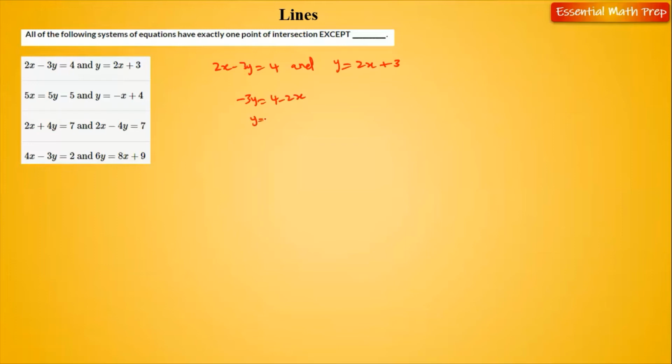So y equals negative 4/3 plus 2/3 x, right? So clearly 2/3 and 2 are not the same, right? If the values are not the same, then that is not the correct answer, right? They have to be identical for it to have more than one point of intersection, which is precisely what the question is asking. So this is incorrect.